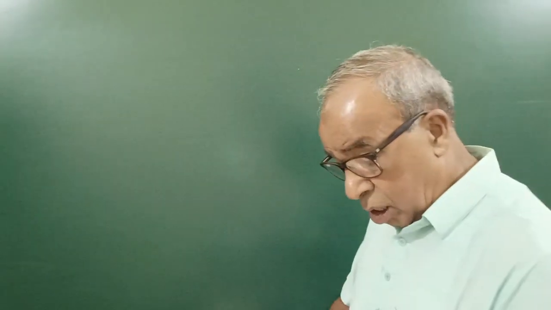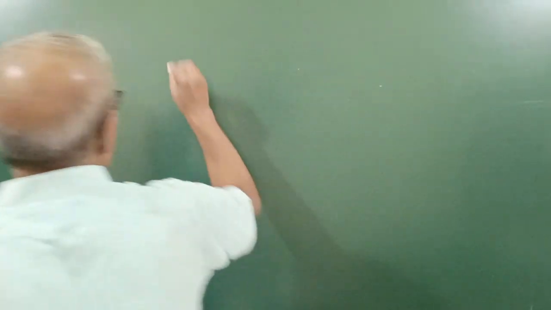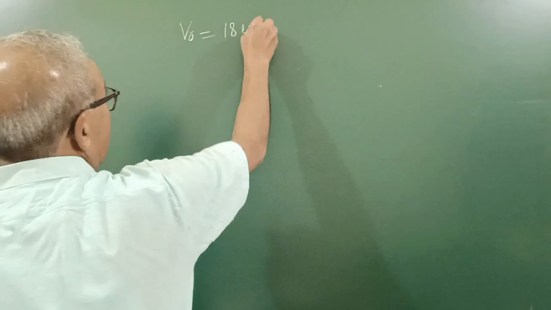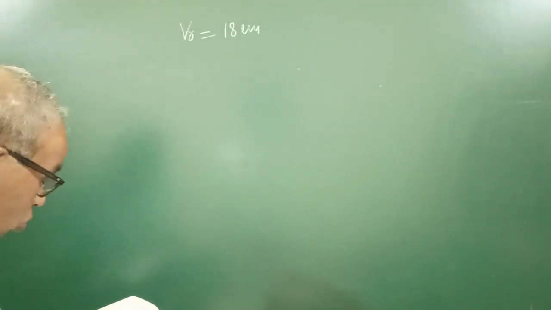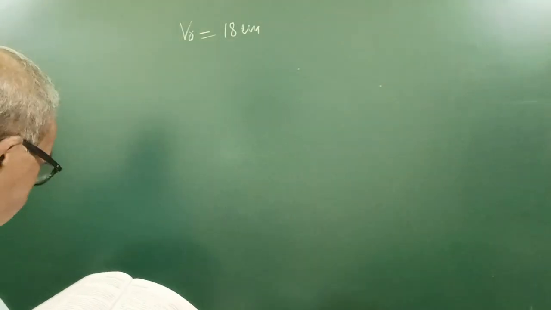Now, here is a question. The distance between the objective of a compound microscope and the real image formed by it is 18 centimeter. It means VO is 18 centimeter.